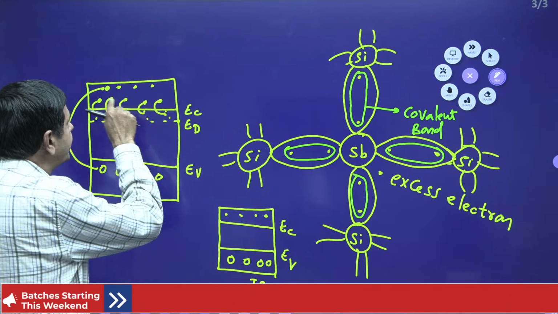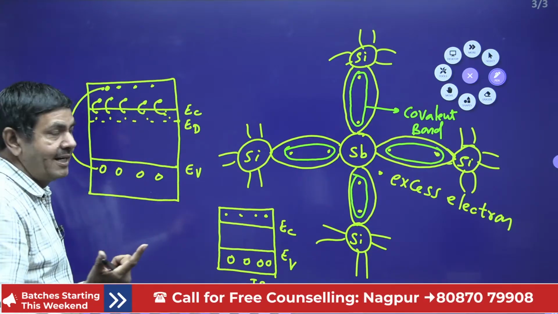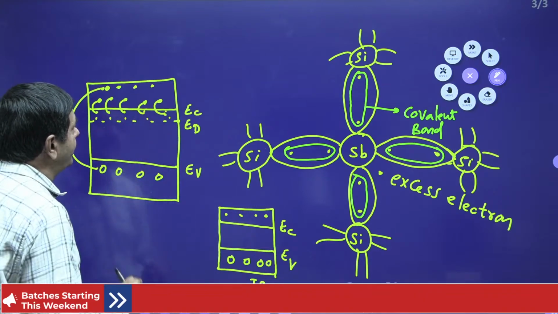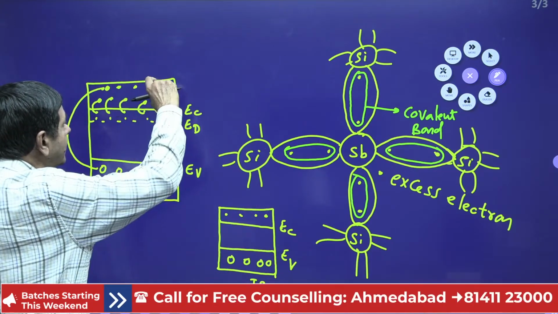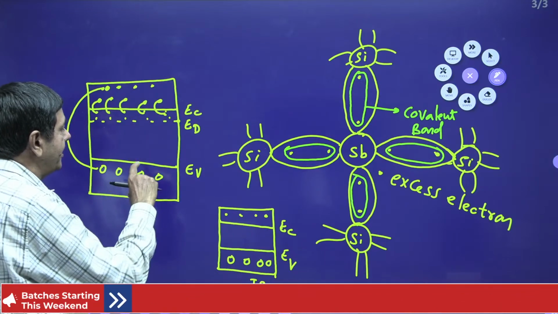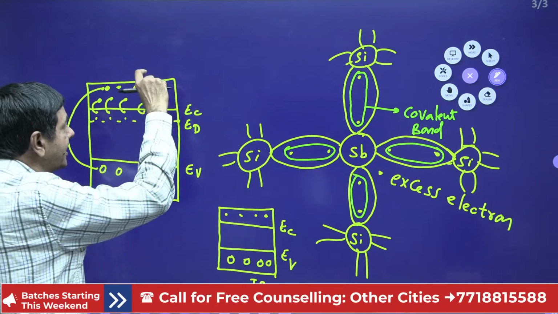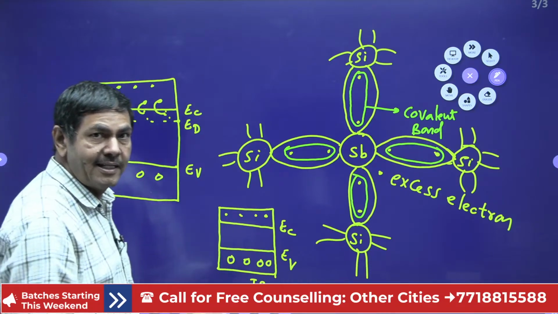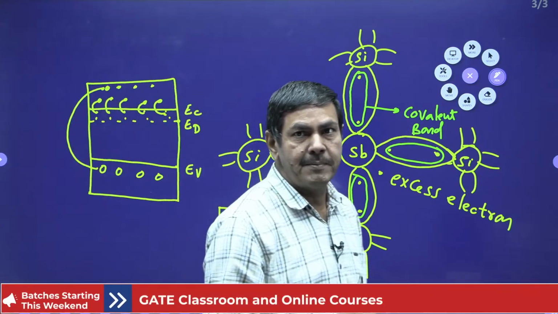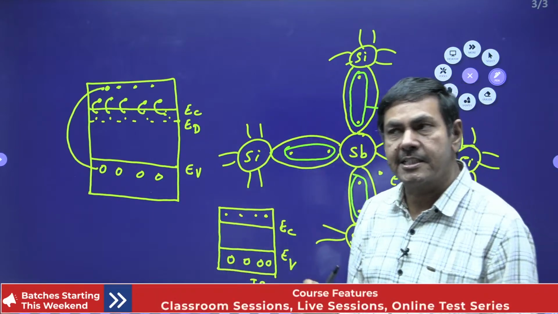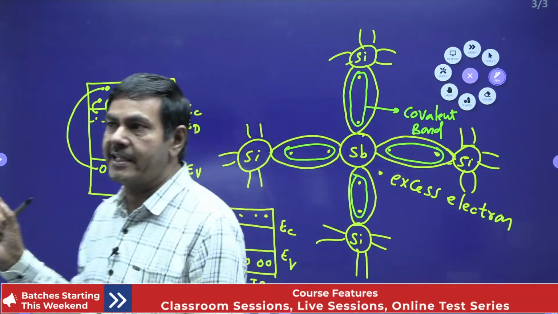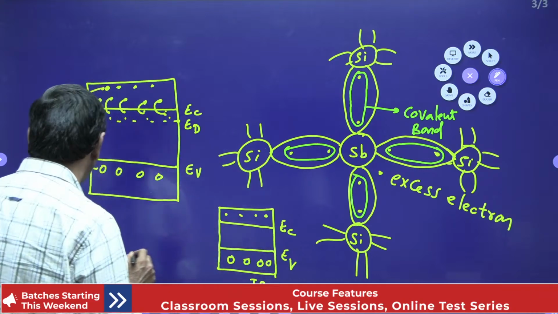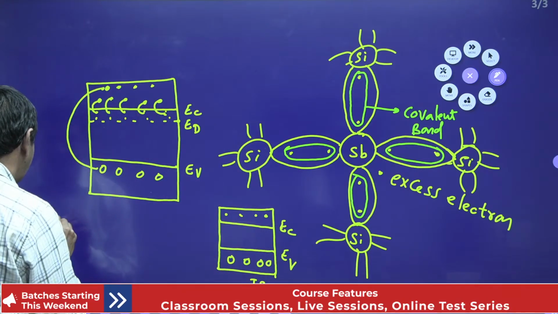These electrons we got from the excess electrons only now. At the time of creation, holes are not possible. That's why the number of electrons in the conduction band is more, but the number of holes in the valence band will be less. That is why the majority carriers in the n-type extrinsic semiconductor are electrons, we say. That's why we can write only one point: majority carriers.